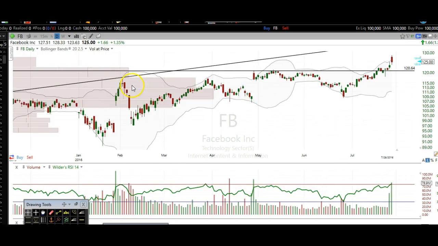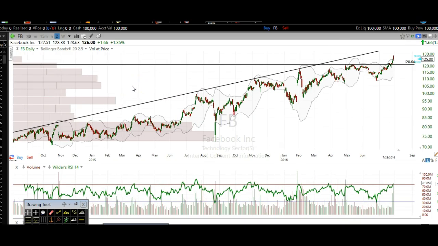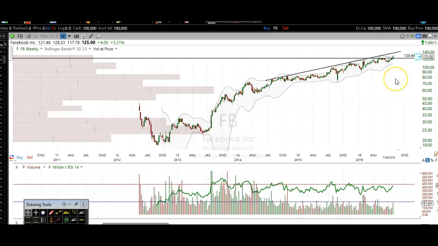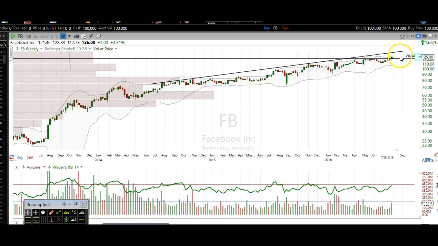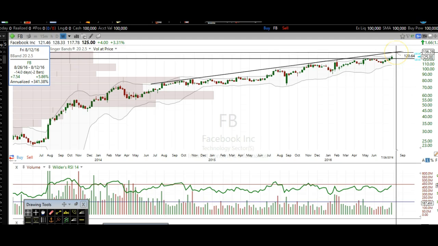Another thing that I want to point out here, though, is this top resistance right here. So we've got it from the 2014 October highs, September highs right here, and you can see that we got rejected there, and we are looking like we're going to be heading up there sometime soon, and that's right around 136, 135 or so.